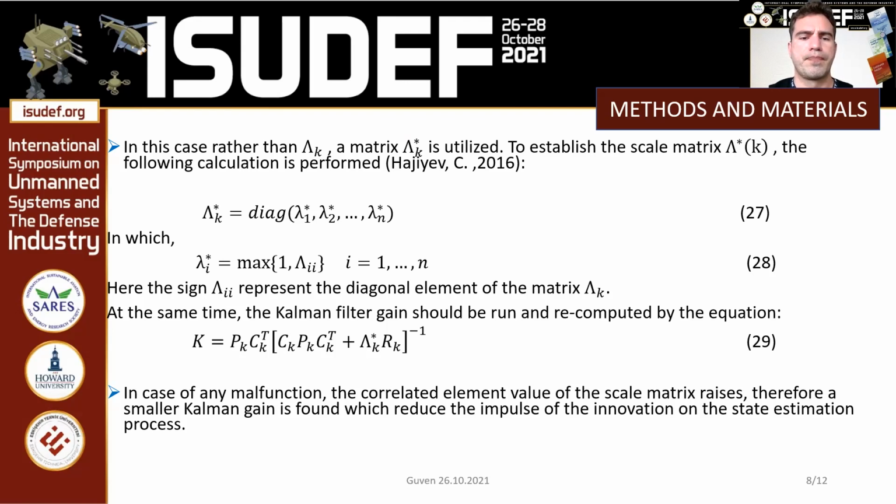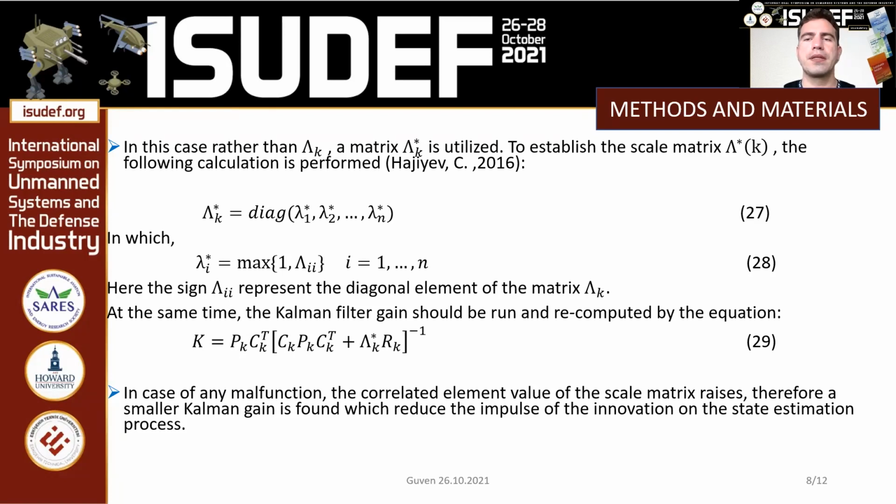Here, the regulated lambda k star is then used to establish the capital lambda k star, and in our Kalman filter the gain K is re-established by multiplying the lambda k star with the measurement noise covariance matrix Rk.